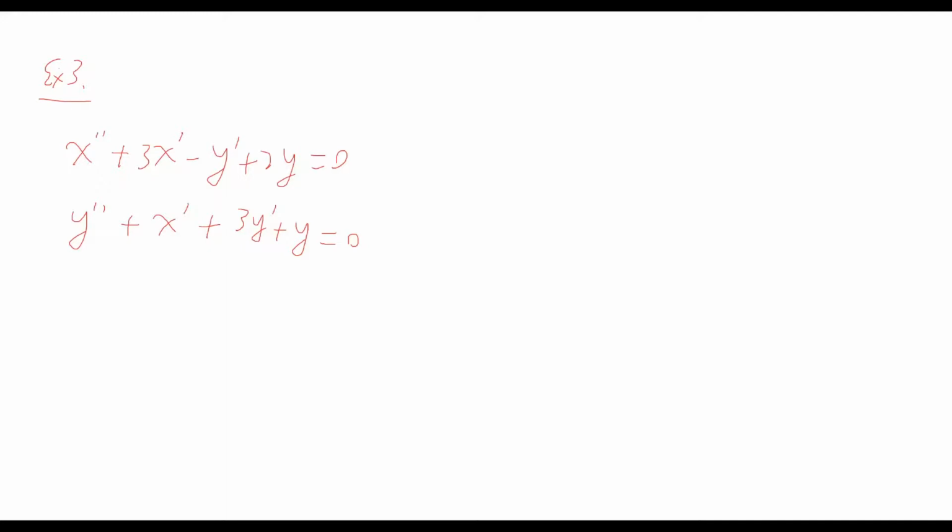All right, so to get started with example 3, first, we can look at, okay, the highest order we have is x double prime and y double prime, meaning we might need to introduce some variable to replace those. And then we also have y, so y is going to be one of them, something to replace y prime, and maybe something to replace x prime.